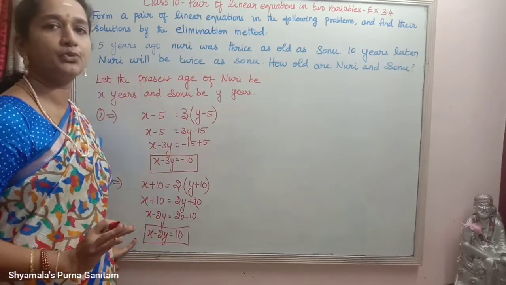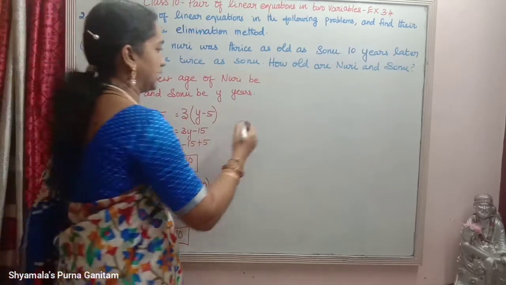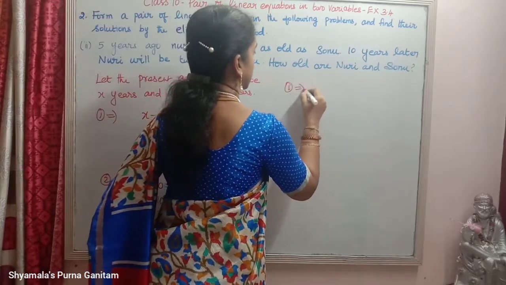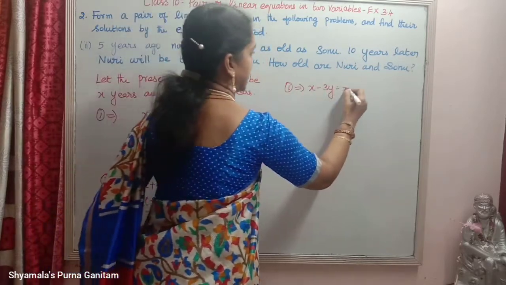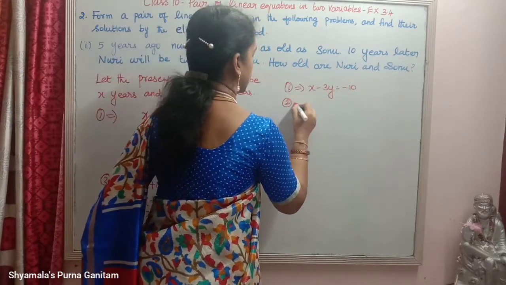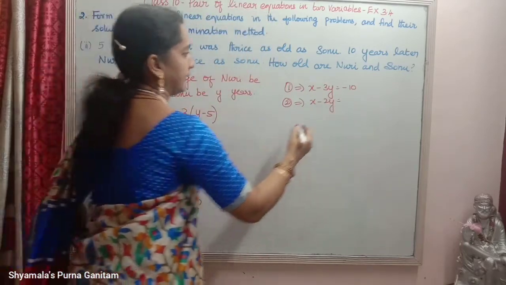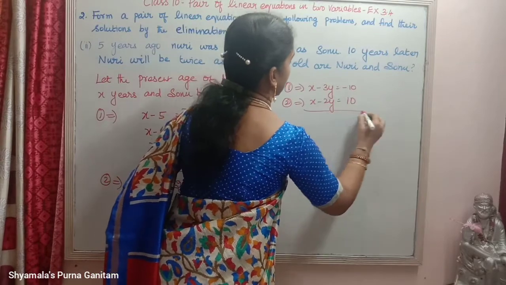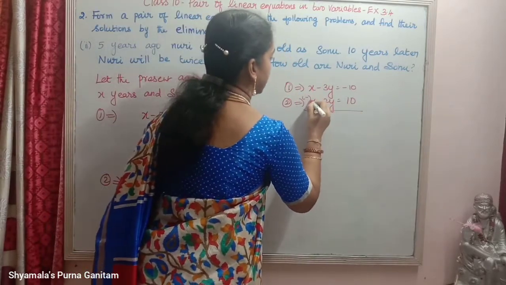So we are asked to find the values of x and y using the elimination method. The first equation is x minus 3y is equal to minus 10, and the second equation is x minus 2y is equal to 10. So here in both we have x.